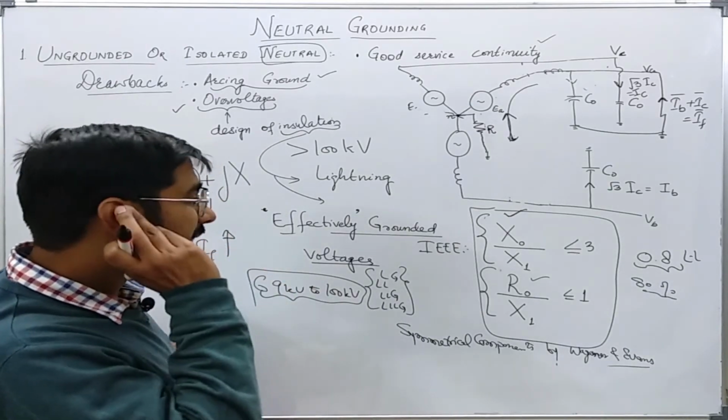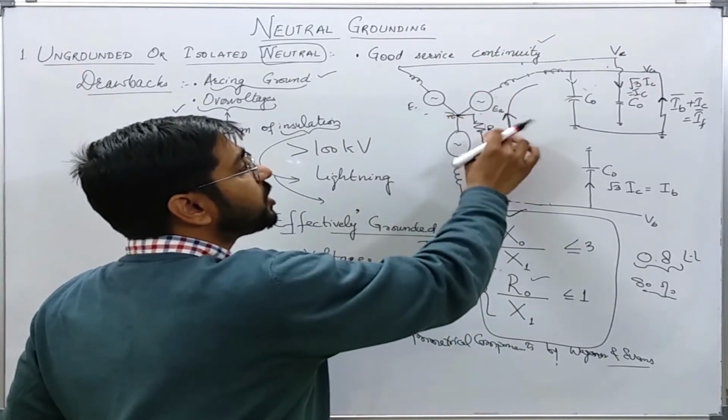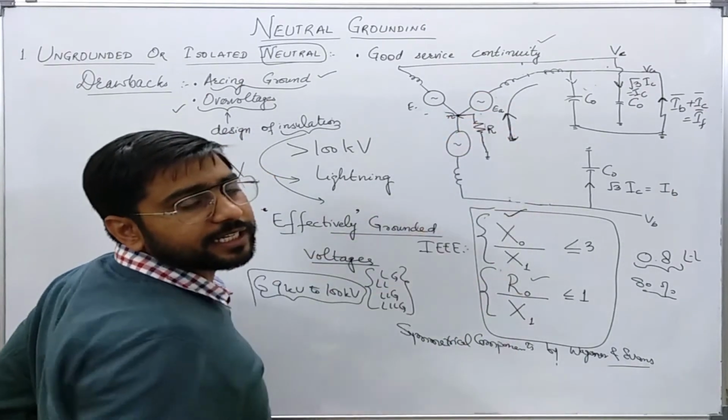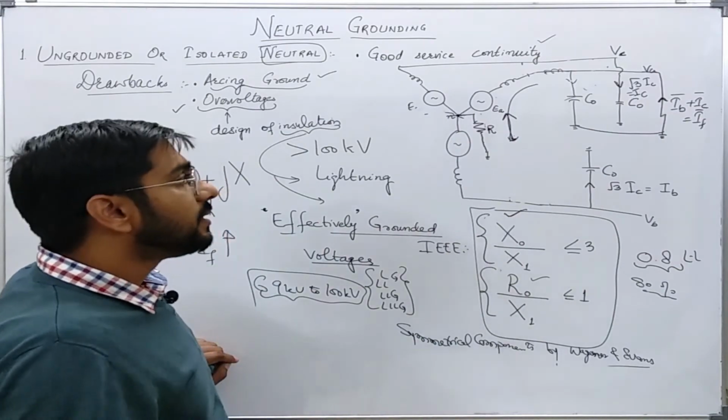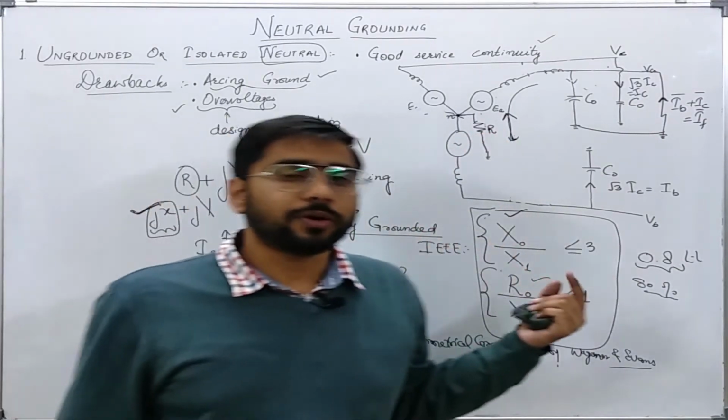Now there is one benefit of grounding the generators using some resistance. What is that benefit? The resistance can consume some power during the fault.